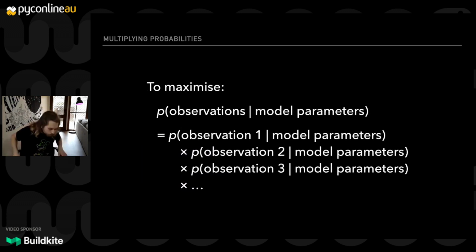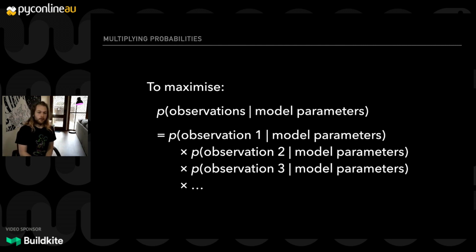And that's a problem, because you might ask, well, how often do you find yourself multiplying very, very small probabilities? And the answer is all the time. If you're training a machine learning model, usually what you're doing is maximizing the probability of seeing the observations that you're seeing in your data set, given the parameters that you're optimizing over.